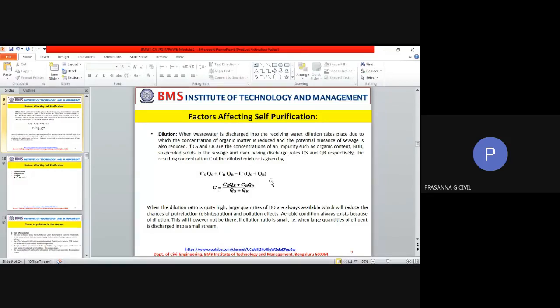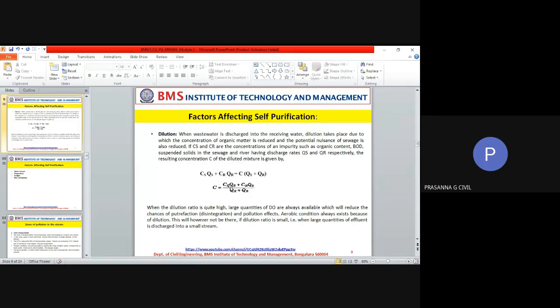You should remember this, because later we will be doing problems based on it, the Streeter-Phelps equation and things like that. There they will tell you that a certain quantity of wastewater of certain BOD was mixed into a stream having so much temperature, so much natural BOD, etc. What would be the resultant concentration of BOD?